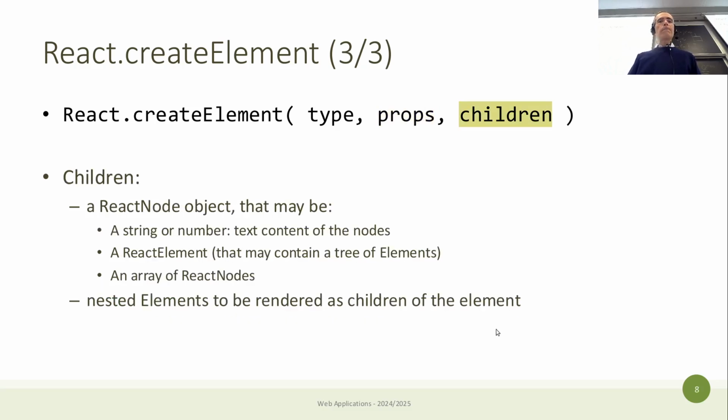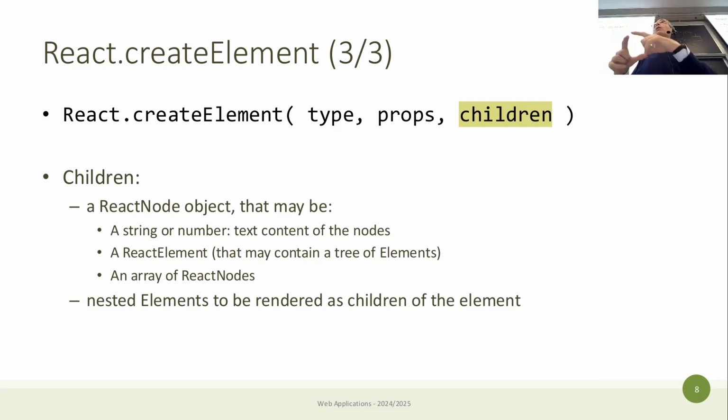Okay, and then there are the children attached to a certain element. That is a React node object that can be like a string or a number. So when you have the HTML tags and you have some text inside, or you might have something else nested inside, so other HTML elements, here it means React elements, or even an array.